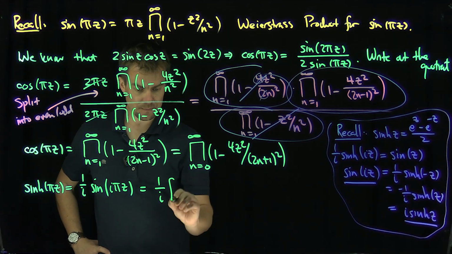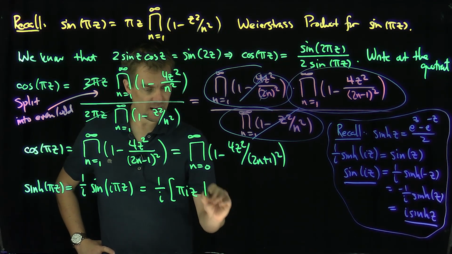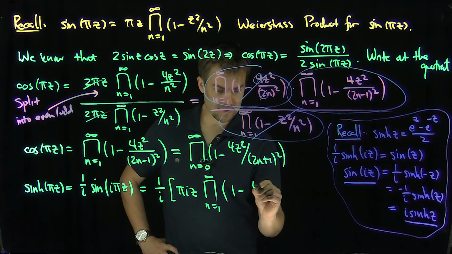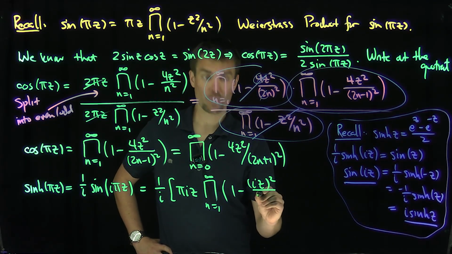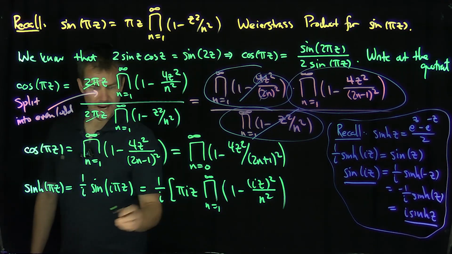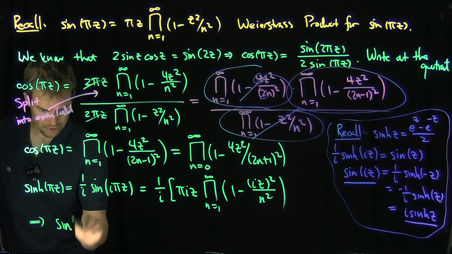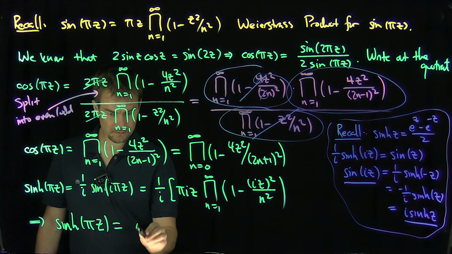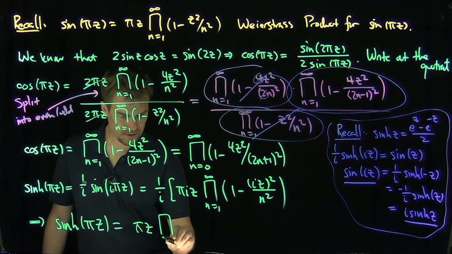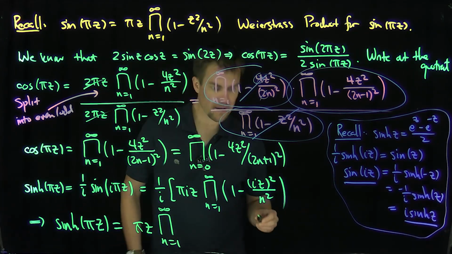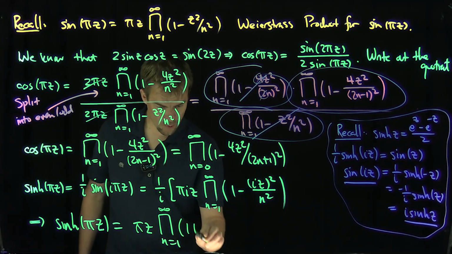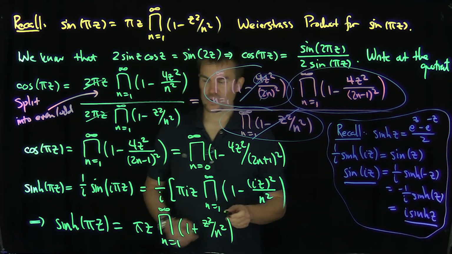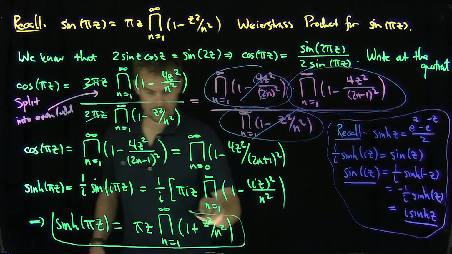So I have pi iz times the product, n goes from 1 to infinity, of 1 minus iz squared over n squared. Now those i's cancel out, so the sinh of pi z is pi z, just like before, times the product, n goes from 1 to infinity, where i squared is minus 1, that turns into a plus: 1 plus z squared over n squared. Beautiful. So that's the Weierstrass product for sinh.